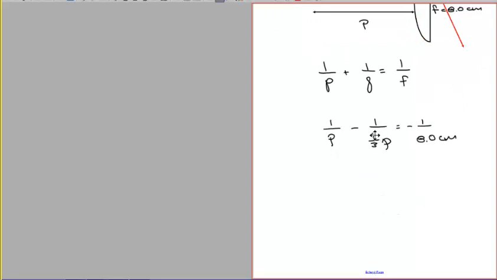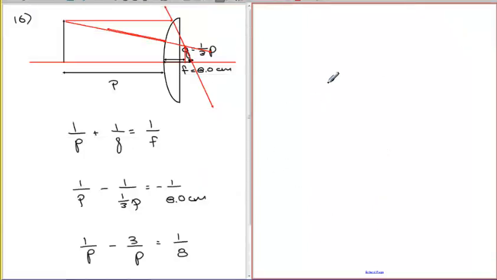So dividing by 1/3 is like multiplying by 3. So we get 1/P and then minus 3/P is equal to 1/8. I'm going to leave the units off right now so that when we get P, it'll be in units of centimeters. Okay, we have a common denominator here, so we get negative 2/P is equal to 1/8.